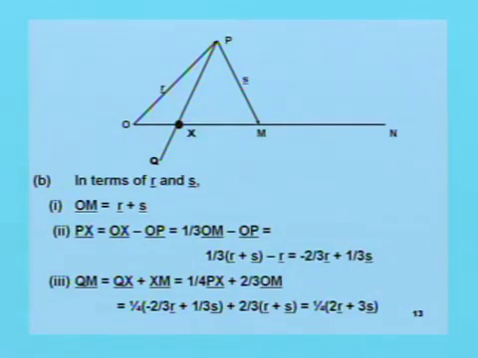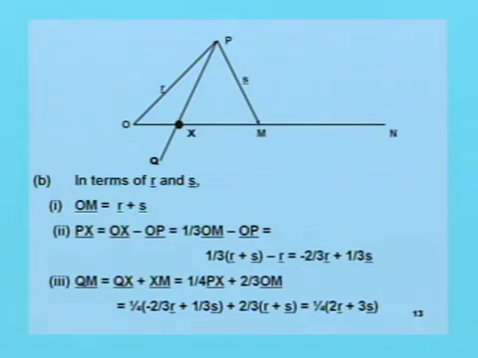Vector QM is equal to vector QX plus vector XM, which is equal to a quarter vector PX plus 2/3 vector OM.